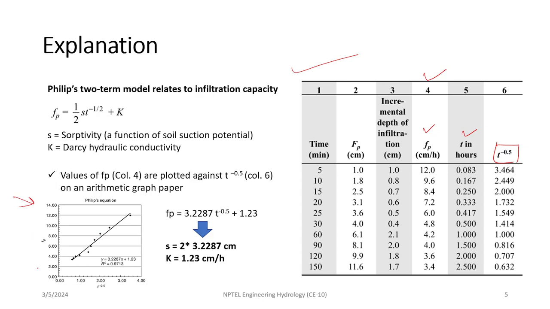You can see that the graph has been plotted between fp and t to the power minus 0.5, and the result is that these points are approximately lying in a linear profile, because a straight line is fitting with an R square value of 0.97.